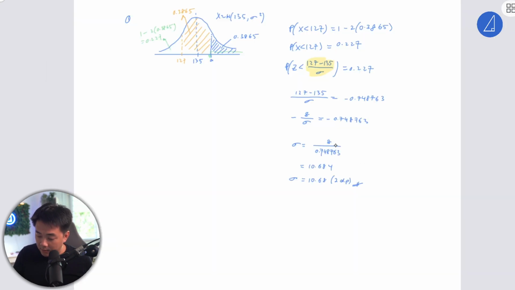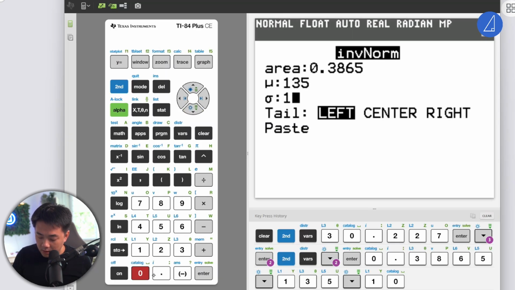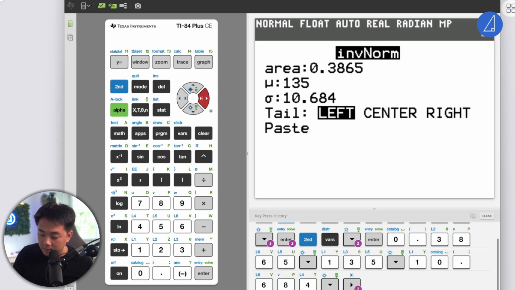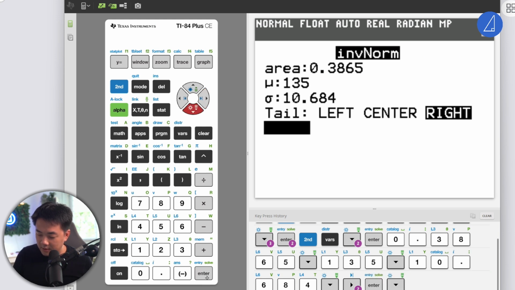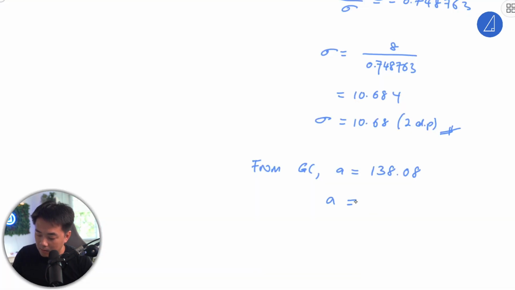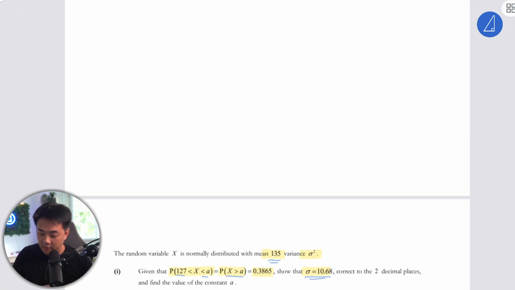For the sigma we got, I just used more than 2 dp, 10.684. Then go to right, then just paste. 138.08. So a is 138 to 3 sf. Okay, that's it. Done. First one.